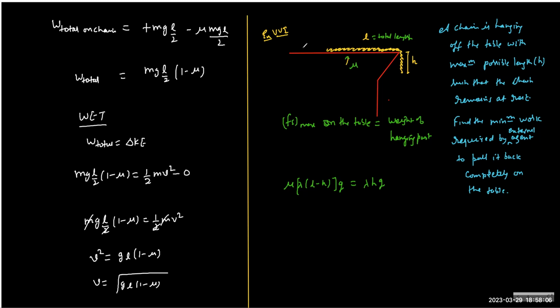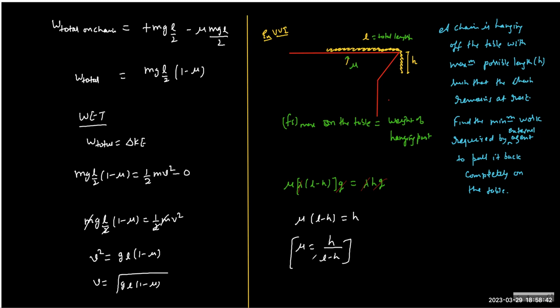You can see in most questions, the lambda gets cancelled, so keep it simple. g gets cancelled, and what you have left is mu. Now this is called the indirect way of getting the mu part. So mu was given to you, but not directly, rather indirectly. The first part is done.